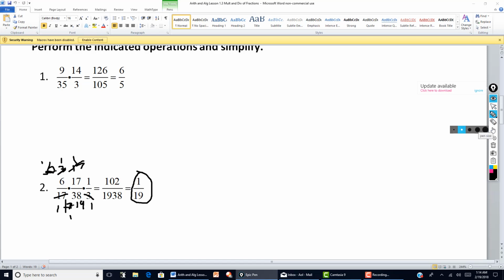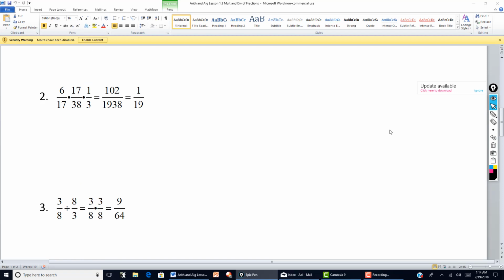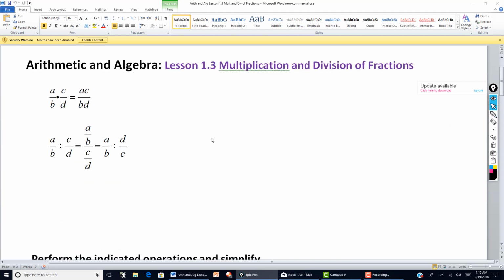Okay, so clear this. Go to the next one. So this is a division. If it's a division, you follow the procedure we said over here. Remember this was the times.